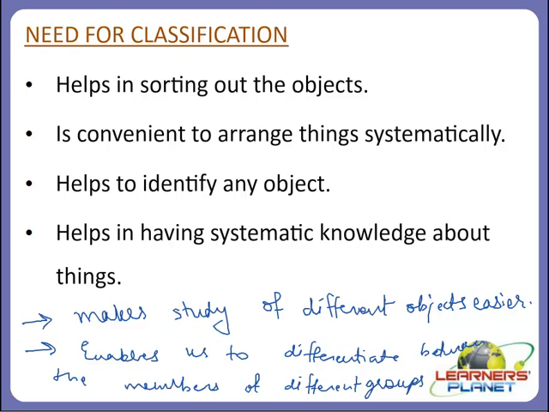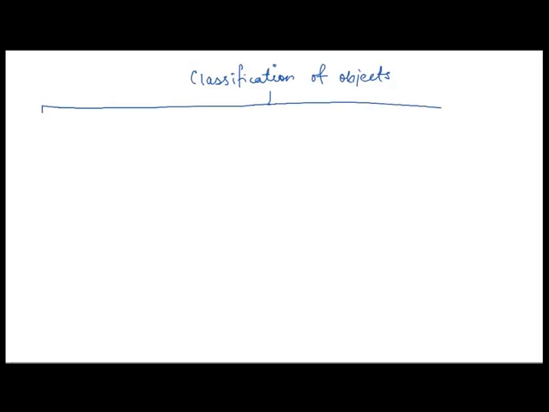Now you can just imagine why we need classification of objects. So before studying the classification of objects, let us first see into how many categories these objects are classified. So this is classification of objects, and they can be categorized in 7 ways.